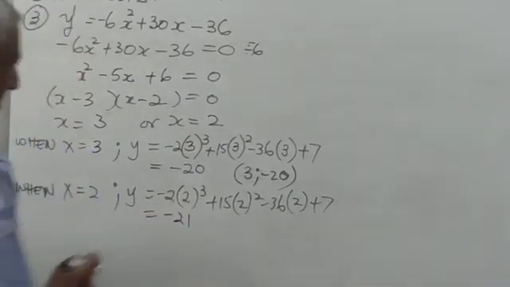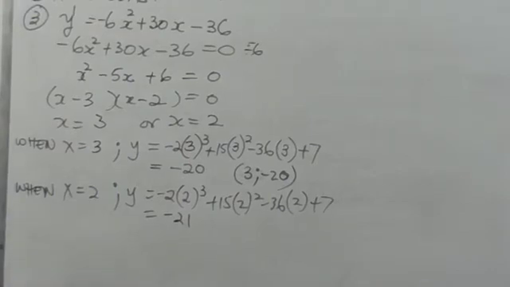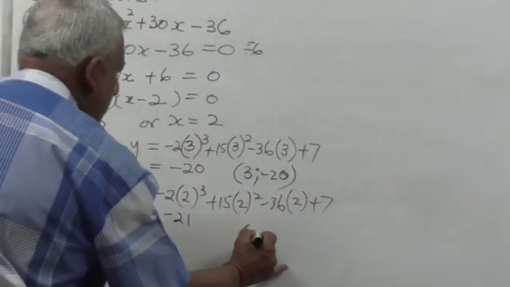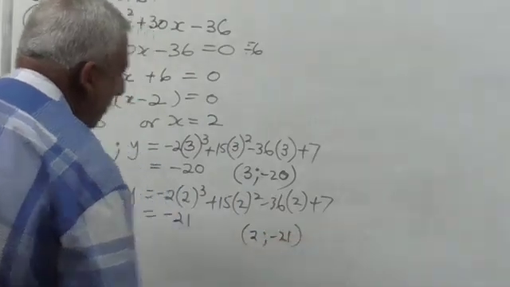We'll just double check this. Minus 2 times 2 cubed plus 15 times 4 minus 36 times 2 plus 7. Yes, so this is right. So the next ordered pair is 2 and minus 21.